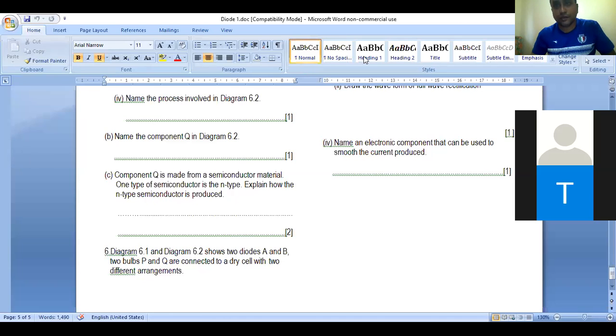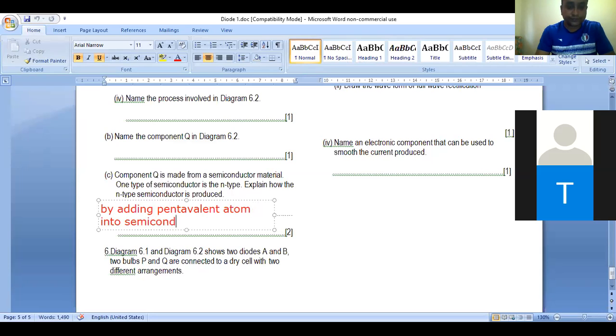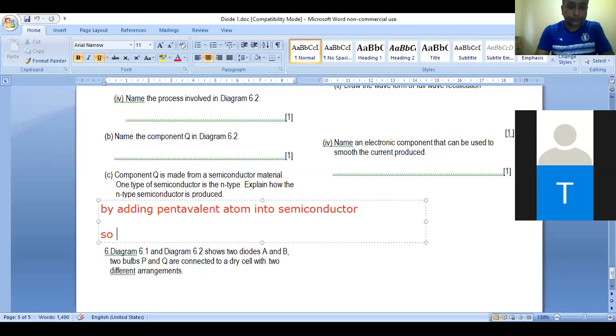So this one, by adding pentavalent atom into semiconductor, so that the majority charge is electron, and minority is hole.